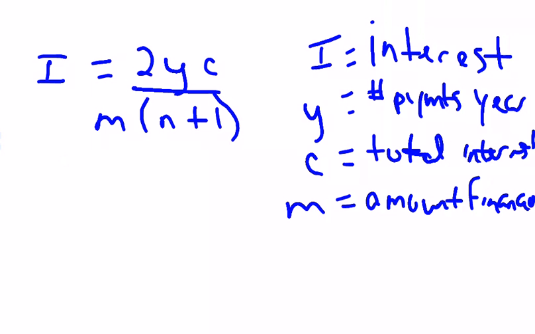So how much money you got from the bank. And N is the number of total payments made, monthly payments. So the number of total months you made payments.